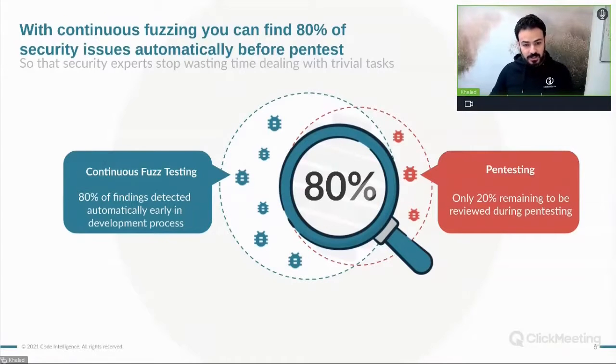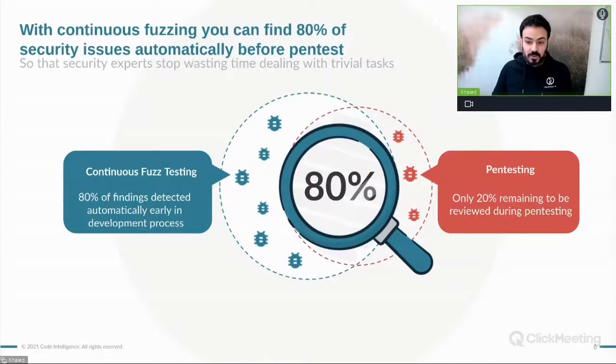And the idea here is that we can use automation, or in this case, continuous fuzz testing, to find the majority of bugs, most of the 80% of the bugs, and save the resources for the pen testing effort to focus on the remaining 20% that actually requires human intelligence.